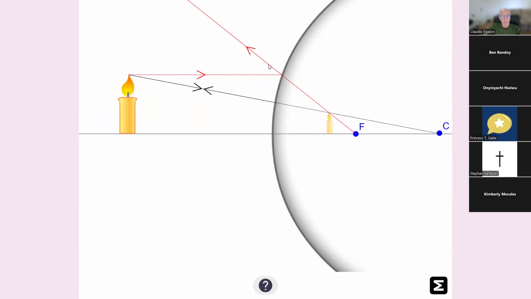Here is the light ray that passes through the focal point. Here's the light ray that passes through the center of curvature. And you could also have drawn the light ray that is incident at the center of the mirror, right? And which other one can we, let's see.